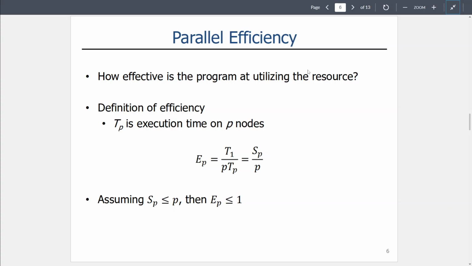We decompose that problem into smaller chunks. So think about the effects of that. If those chunks are now small enough to fit into memory and allow me to avoid making more trips to disk, that actually is going to get me even more speedup than just from the parallelization alone.